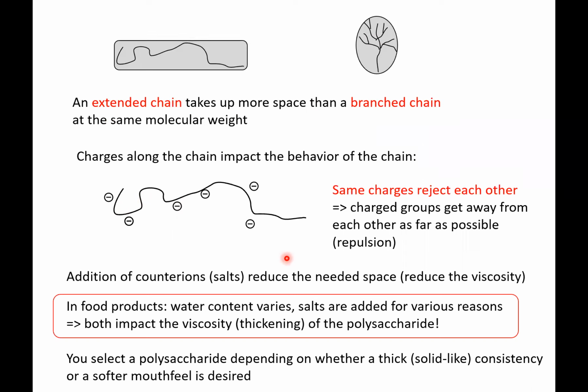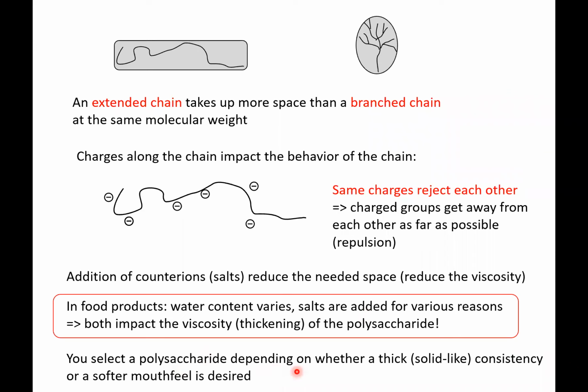You have to consider that. And so the space a charged chain takes up will be less, and so the viscosity is going down. So all of this impacts the thickening ability of polysaccharides.